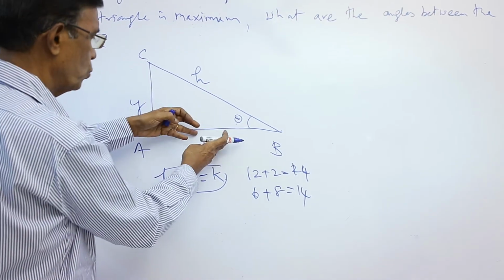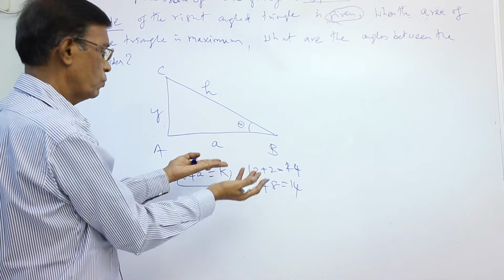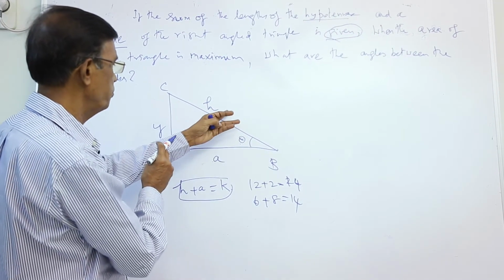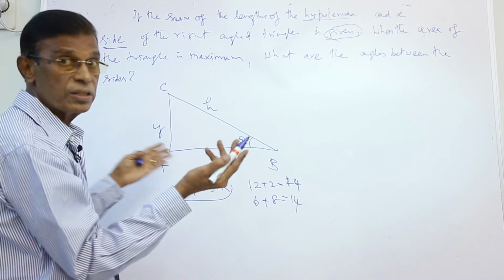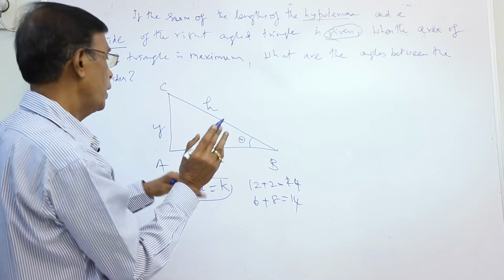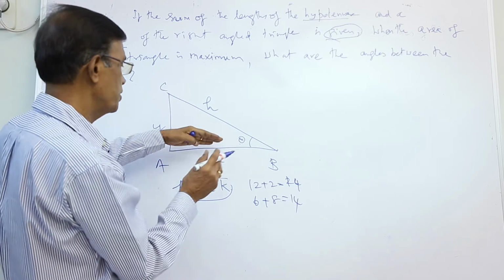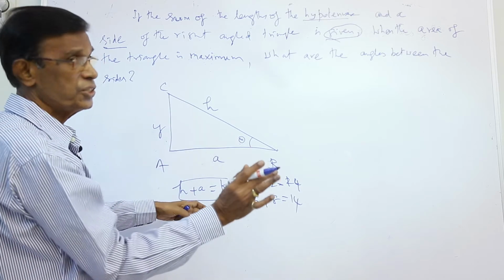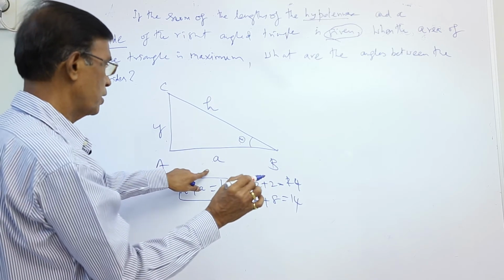Suppose the sum is equal to some 14. What happens? This may be 12, that may be 2, and this may be 6, that may be 8. In so many ways, the addition will be a constant, and these will change. When they change, what happens? Your theta changes. But H plus A doesn't change.